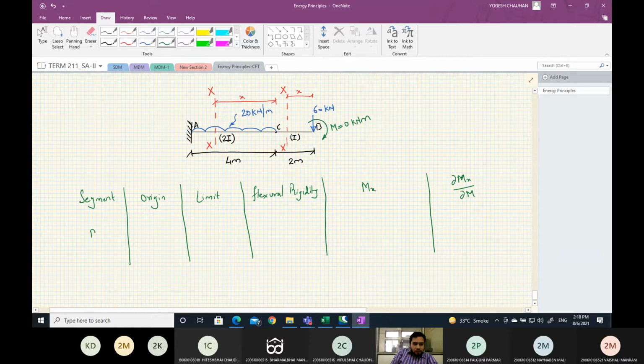So now first we consider segment BC. Origin is B. Limit will be 0 to 2 because here the limit is 2.